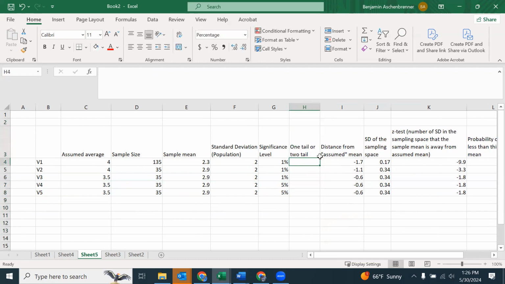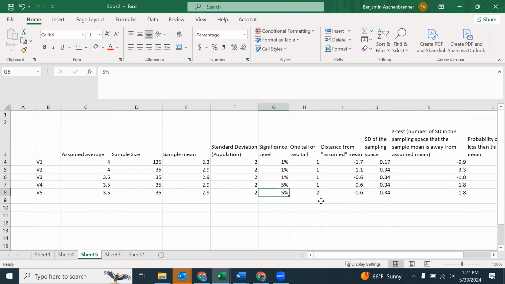Remember, two tail just means that this is not a percentage, this is a number. Great. 1, 1, 1, 1, 2. It just determines whether or not I need to split the significance level among two sections or not.